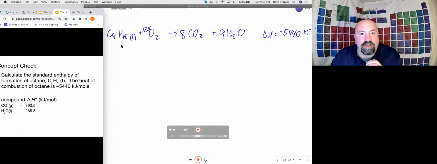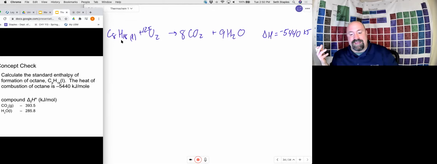Ultimately, again, what I'm looking for is the enthalpy of formation of octane. So we know that from what we just looked at, we can take the enthalpies of formation of our products, subtract the enthalpies of formation of the reactants. That's going to leave us with the enthalpy of our reaction.